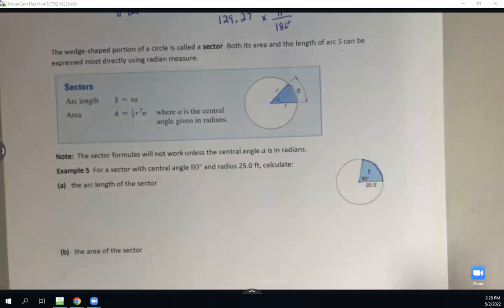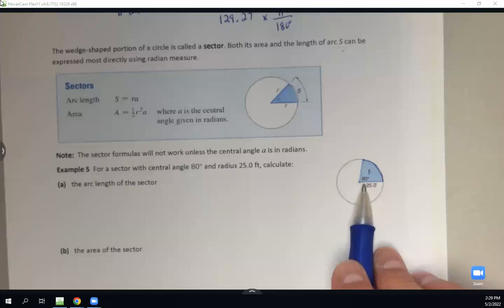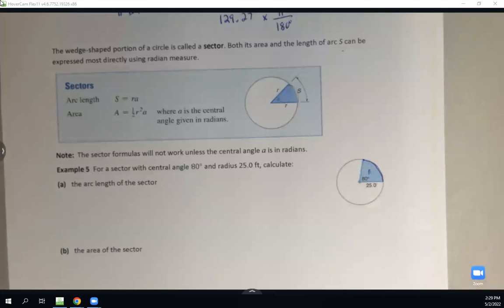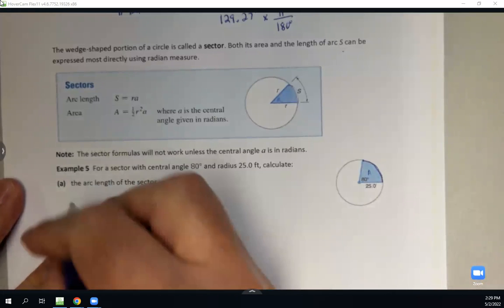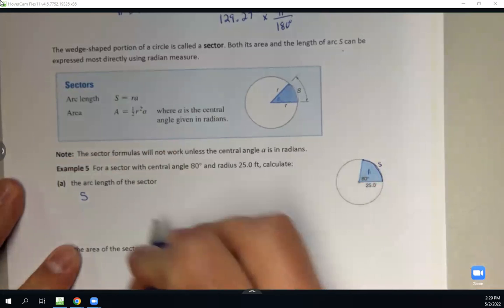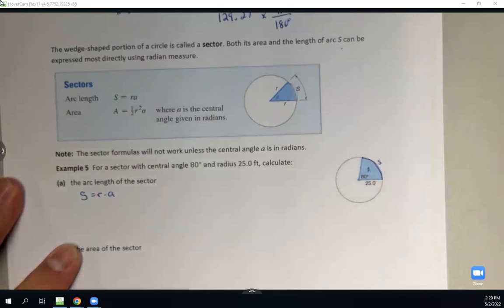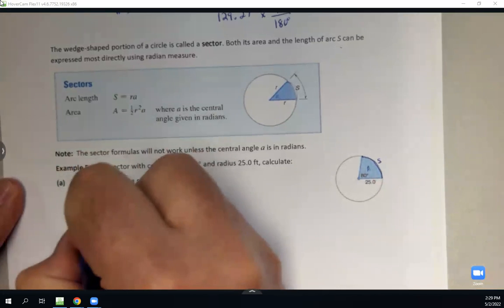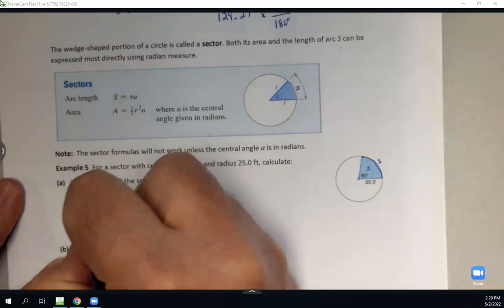Okay. So my angle's in degrees, so I'm going to have to convert my angle to radians to be able to use these formulas. The arc length S, if I call that S, is equal to the radius times the angle in radians. So my radius is 25 feet.